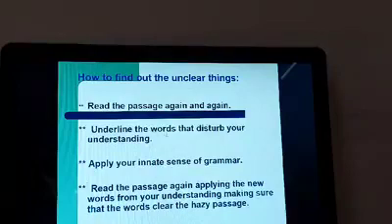If you underline the pronoun, you will get the direction you need to go. Apply your innate sense of grammar. When you are correcting something, even in the case of rewrite verb, we have seen that you need to guess with your inner grammatical sense. Here also, while you are clearing unclear references, you have to use your innate sense of grammar.